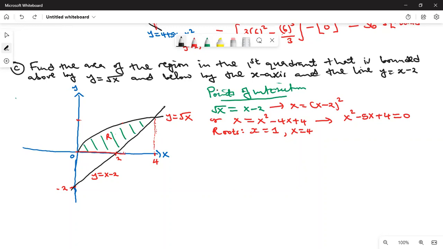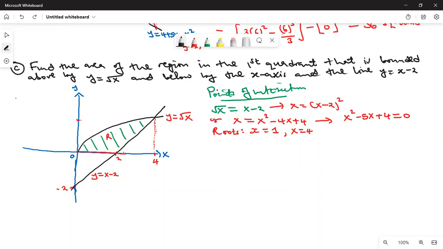Now, how do you find the area? There are several ways. The first is to integrate the curve y is equals to root x from 0 to 4, then minus the integral of the line y is equals to x minus 2 from 2 to 4.